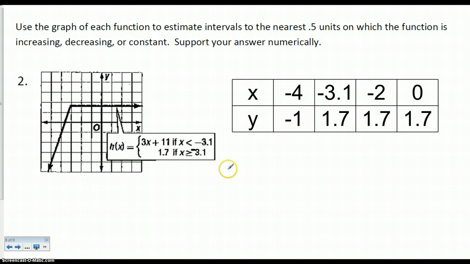So I can say from negative 3.1 to infinity, my graph is constant. And I know from negative infinity to negative 3.1, my graph was increasing.